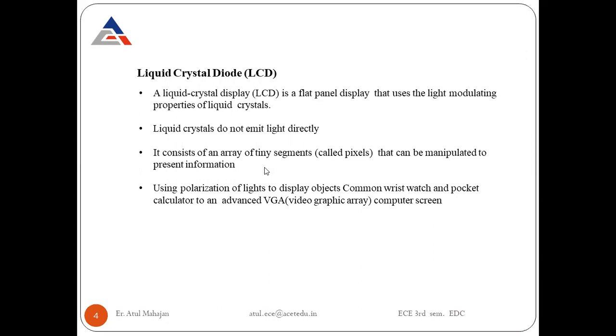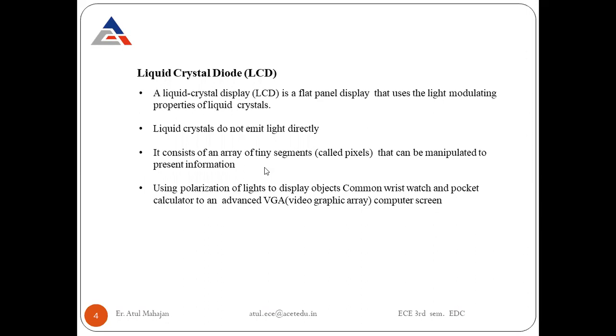So a liquid crystal display is a flat panel display that uses the light modulating properties of a liquid crystal. You can change the light intensity and the properties of light by using the liquid crystals.